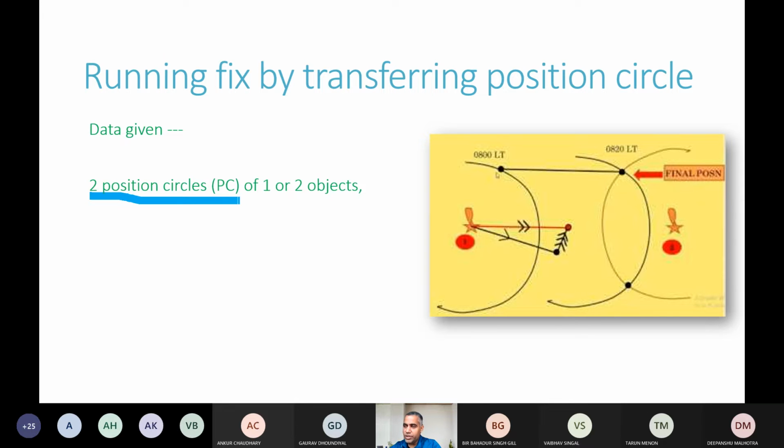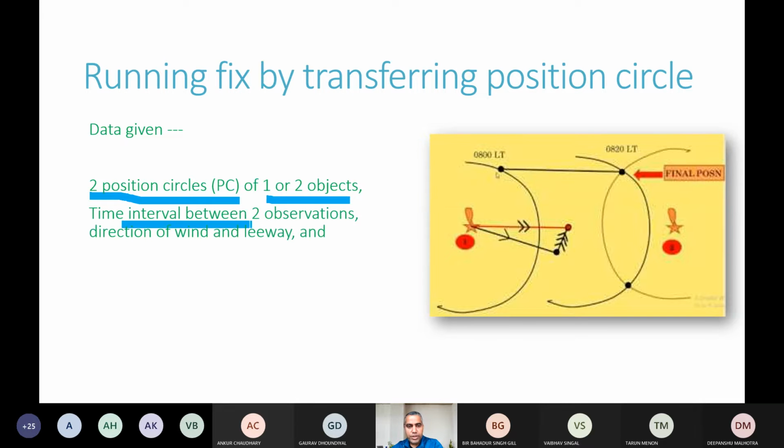Either they will give it through PLR and GR, that is mean first sighting or last sighting, or they will give it through VSA, vertical sextant angle, or HSA. With all these three methods, you will be able to find out the radius as well as the center of your position circles. So two position circles of one or two objects will be given.